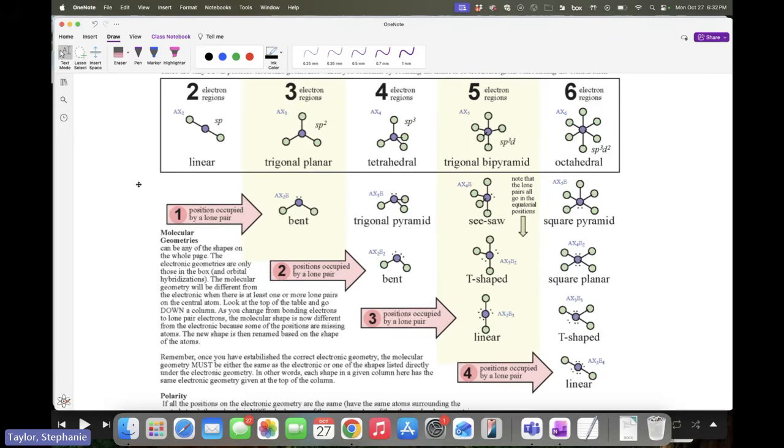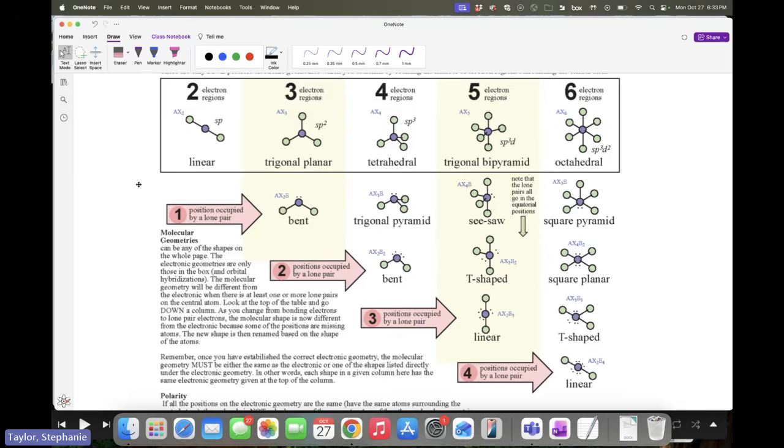You guys also have diagrams from the textbook. I don't know if the lab has its own, but you can find a whole bunch of different formats of VSEPR shapes and how they're organized. This is also my favorite because it fits on an 8.5 by 11 piece of paper really nicely. I personally like this demonstration because it's very easy to talk about all of them at once with this particular layout.